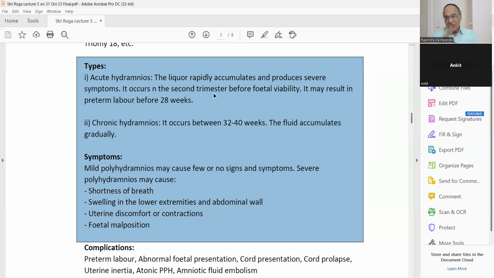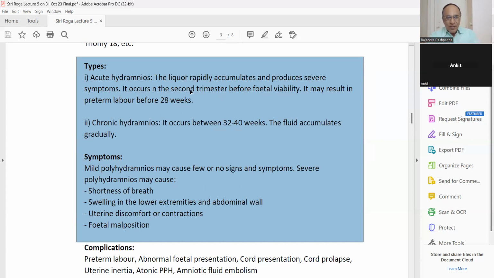Second trimester is the 4th, 5th, and 6th months. Third trimester is 7, 8, 9 months. So first trimester, second trimester, third trimester, 9 months.